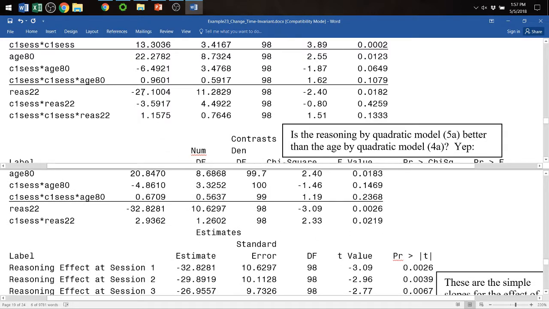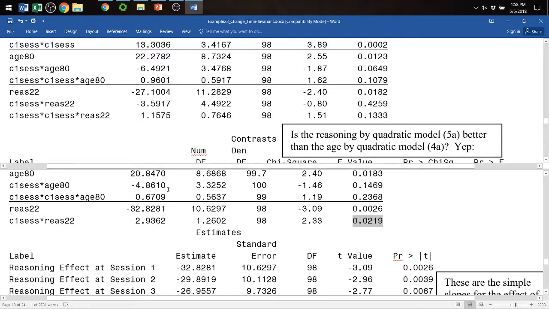So my main effect of reasoning is still significantly negative. The slope for reasoning by time has changed considerably. It's significant now. It's in the other direction.